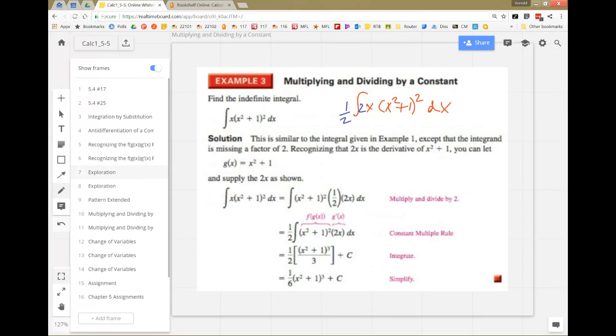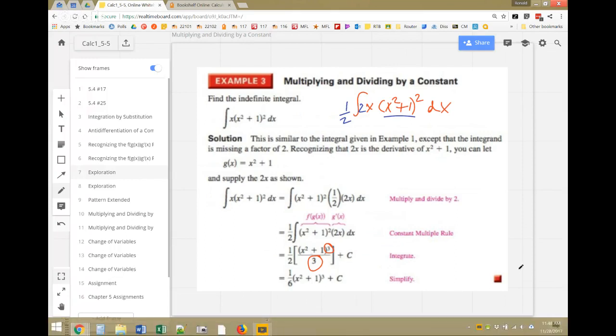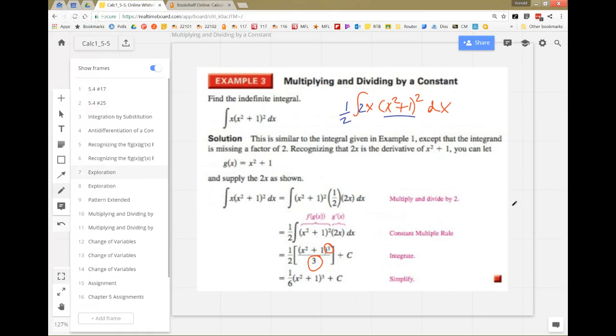Then take the x squared plus 1, the one that was there. This is just part of the chain rule. And you execute: raise the power by 1 to the 3, which they did down here, and divide by 3. Then we can't forget about the 1/2. You combine that. So this is an example of that constant tweaking that you can do to get the chain rule to be just right so that you can then reverse it.